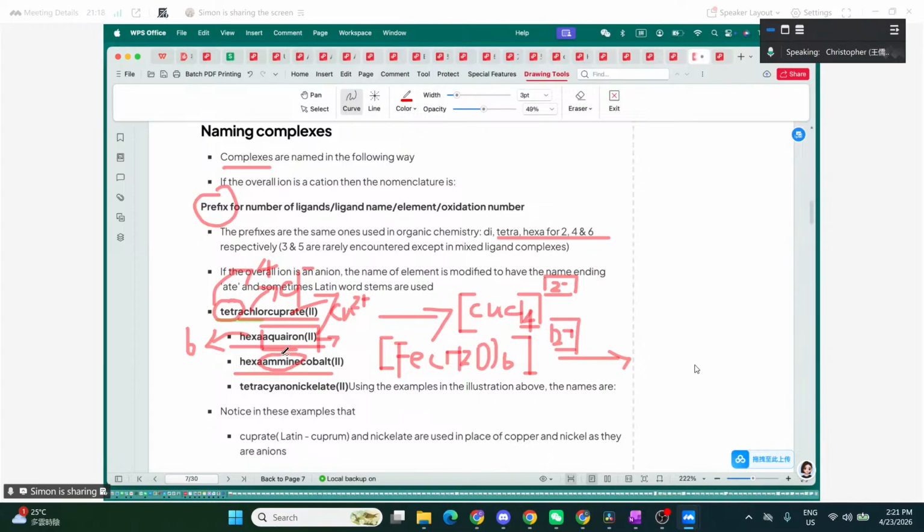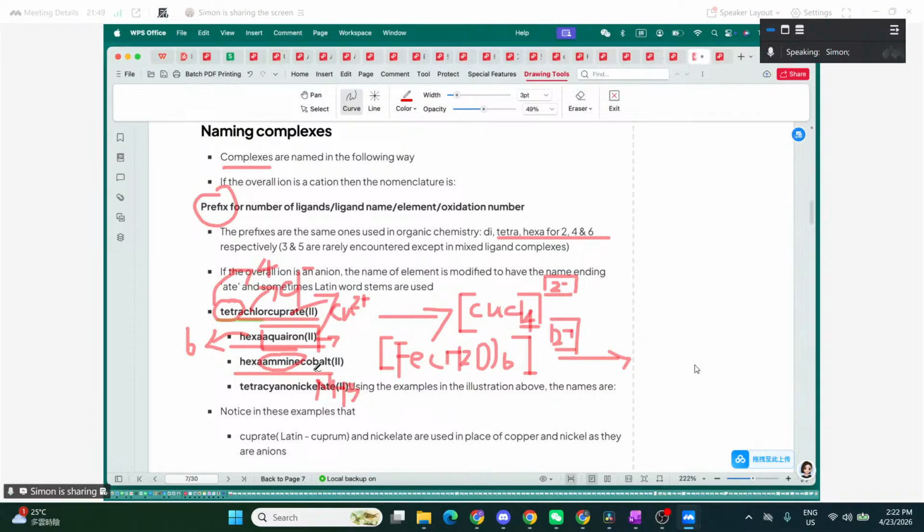Ammine cobalt, what is it? NH3. It's 3, right? This one is ammonia.